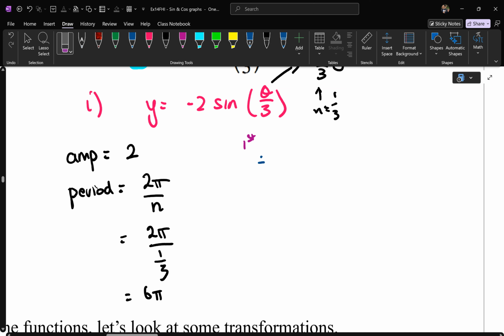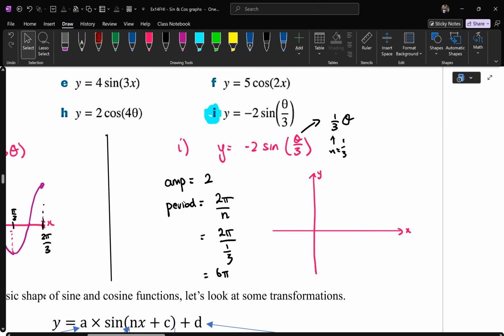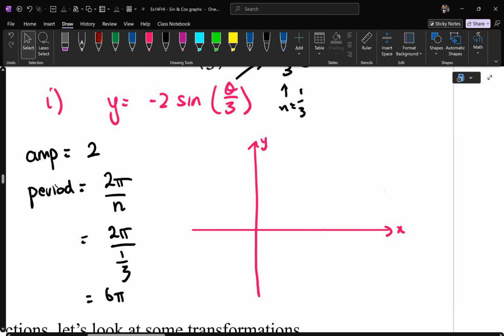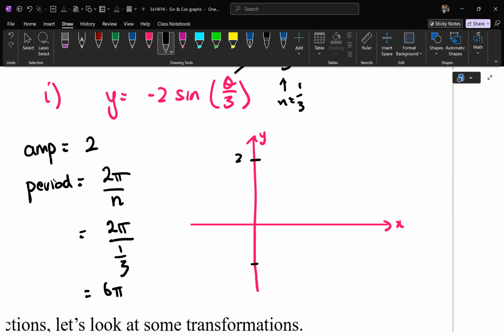Let's sketch the graph. All right, sine graph. We showed you before, sine does not look like cosine, so it starts at the center. We already heard the amplitude's 2, so you've got a maximum of 2, minimum of -2. The graph has a period of 6 pi. We know a sine graph normally looks like this, but what do you have to be careful of?